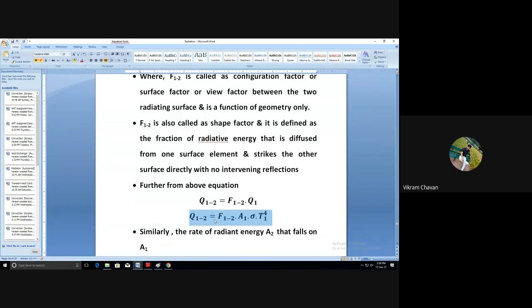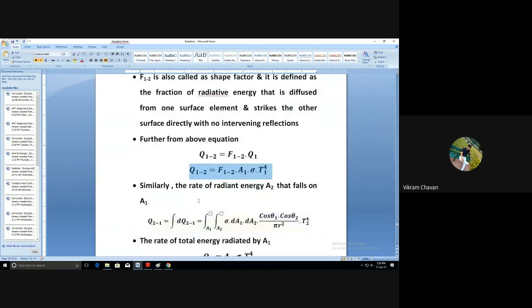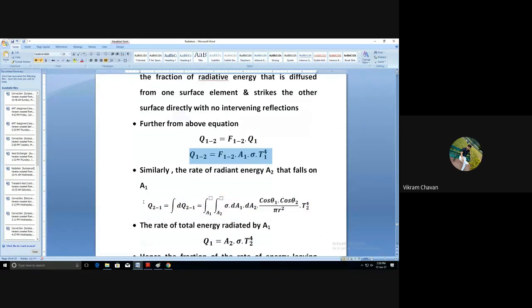Similarly, if you consider q2 to 1, okay, that is nothing but radiation emitted by body 2 and impinging on body 1. Okay, radiation emitted by body 2 and impinging on body 1. So that will be nothing but q2 to 1, and that will be determined by taking the integration of dq2 to 1.